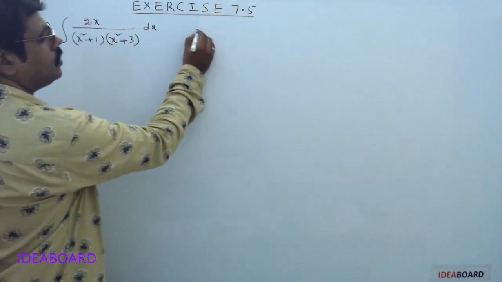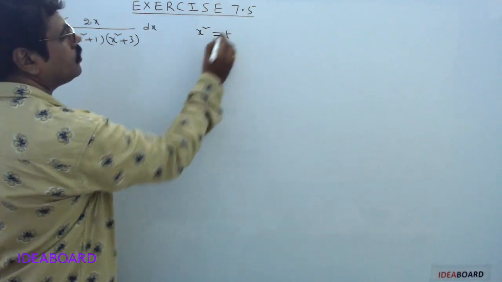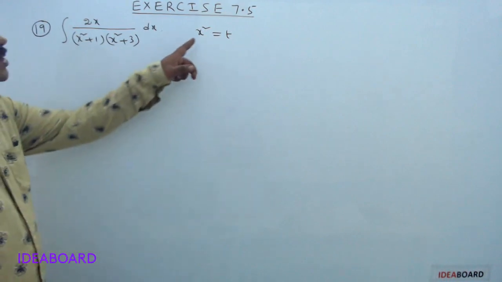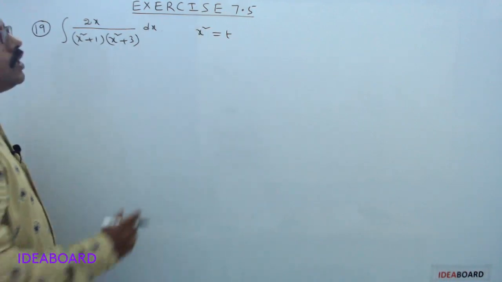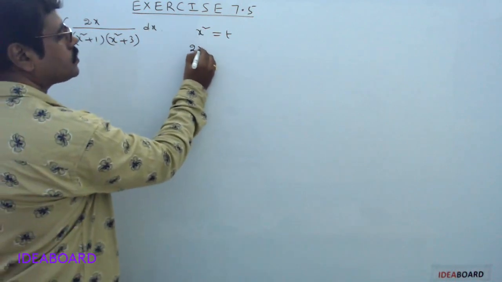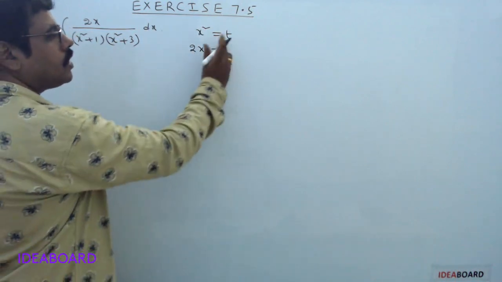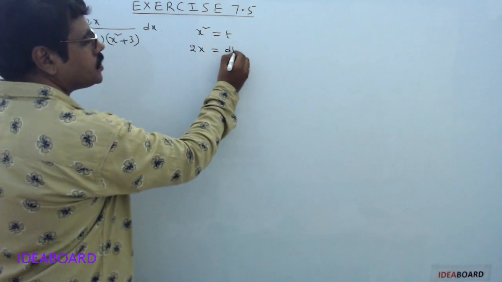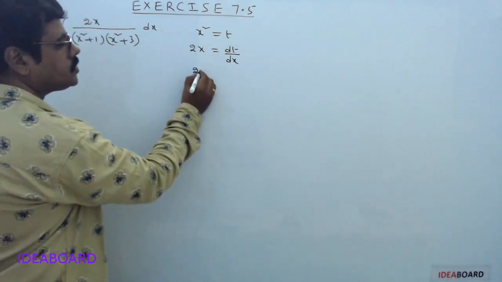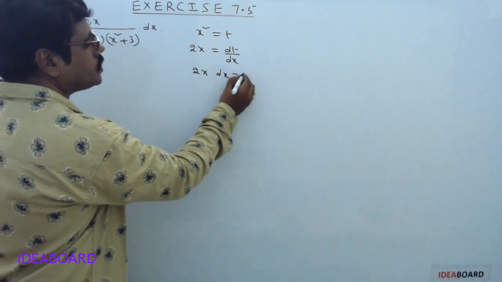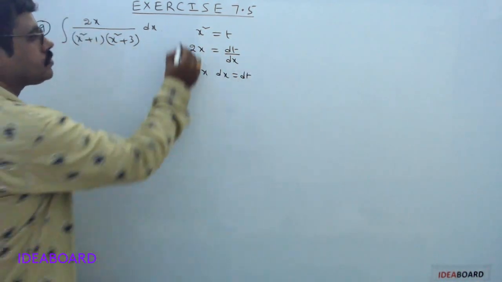Take the substitution as x square equals t. Differentiate this equation on both sides with respect to x. Derivative of x square is 2x, derivative of t with respect to x is dt divided by dx. So from this 2x into dx is dt.